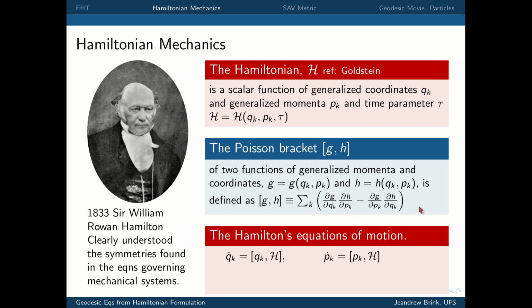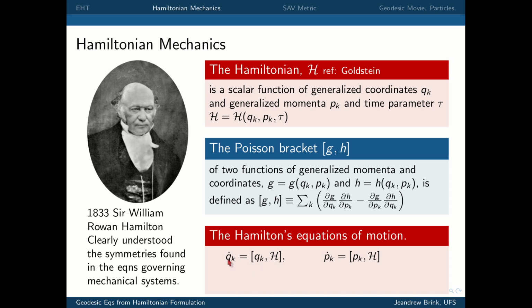Hamilton then said, given this Poisson bracket, we can write down the equations of motion if we know what the Hamiltonian is. And so one of his big results was that he could actually canonize all the possible equations of motion, and you would see them simply in terms of this commutator.